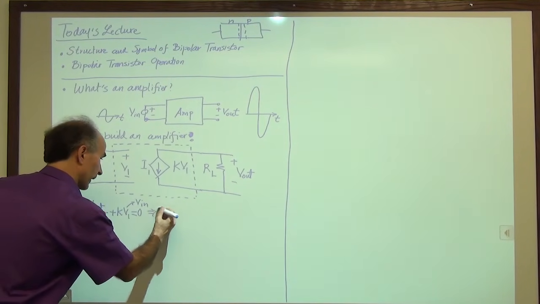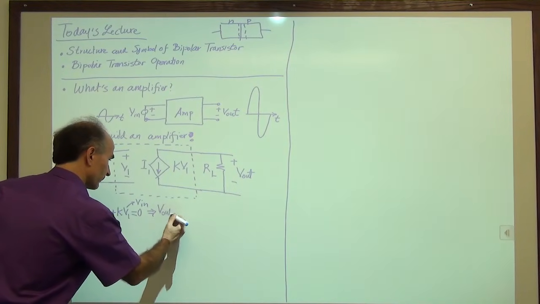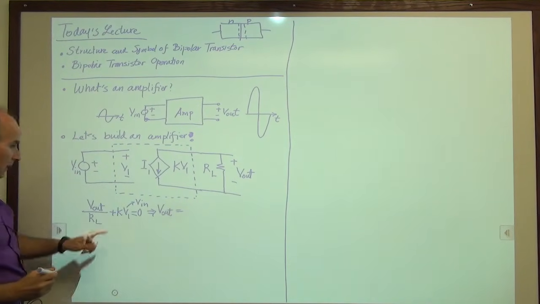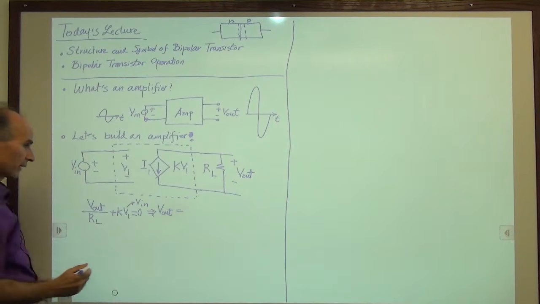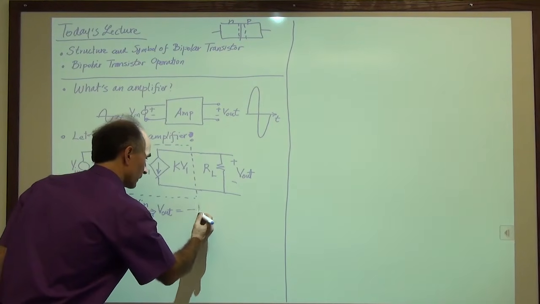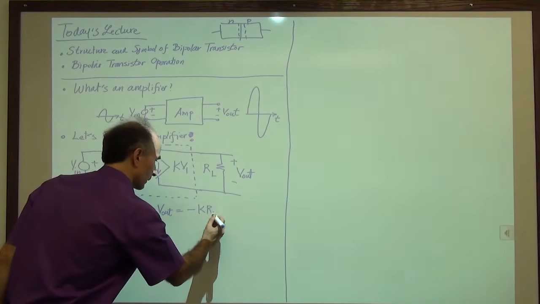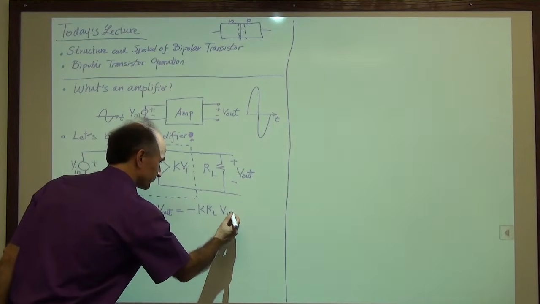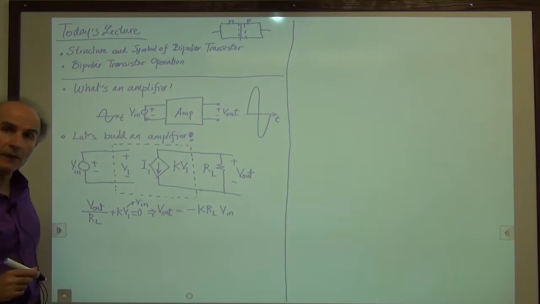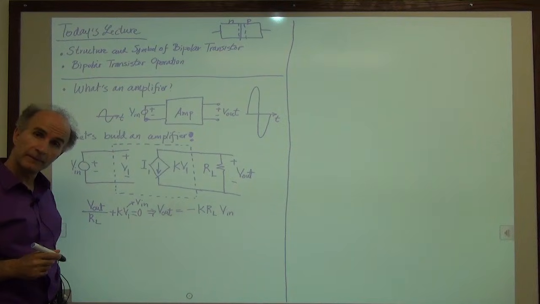So this says that V out is equal to minus KV in times RL. So minus KRL times V in. Can this be an amplifier?